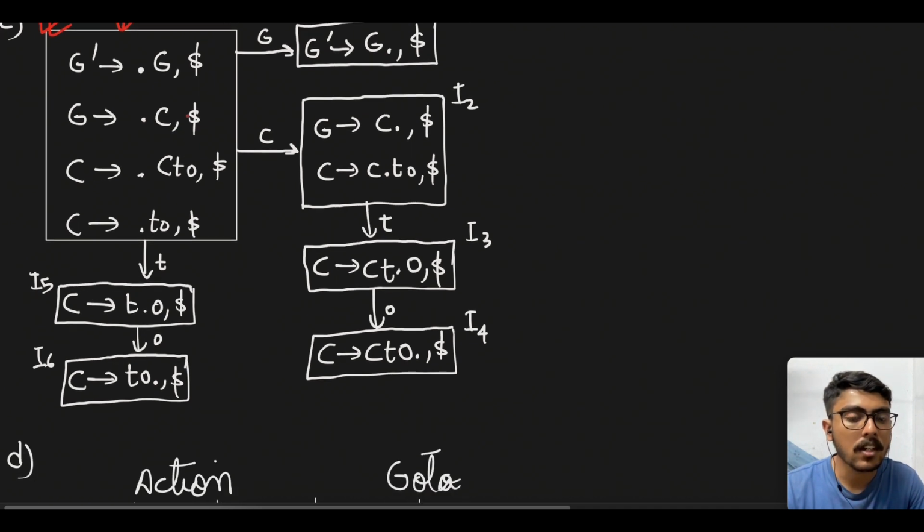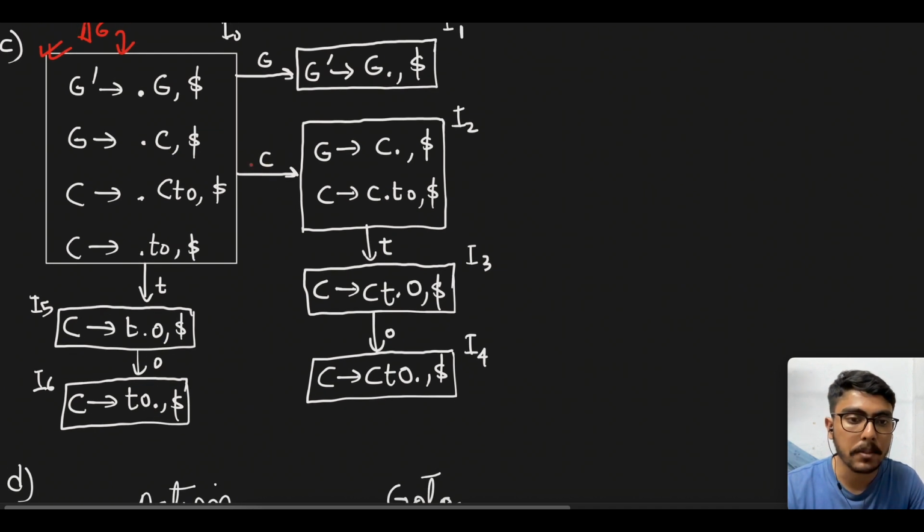Similarly, if the compiler reads a capital C, then this state will occur. In this particular production that we have taken, G goes to C, and also in this other production we have taken, in both these cases C is the literal that is read by the compiler.